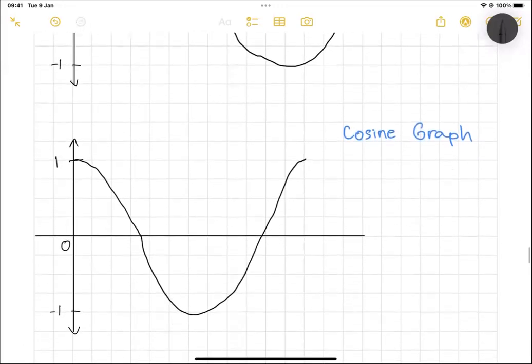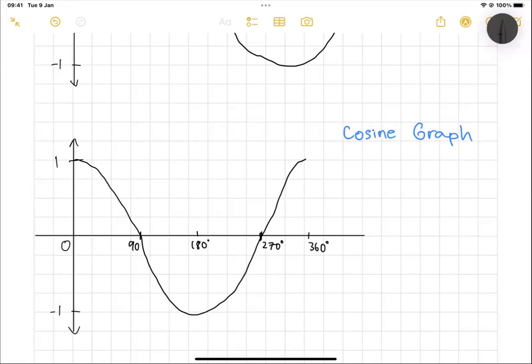Then it passes through the x-axis at 90 degrees. It peaks at -1 at 180 degrees, passes again the x-axis at 270, and then it will peak at +1 at 360.